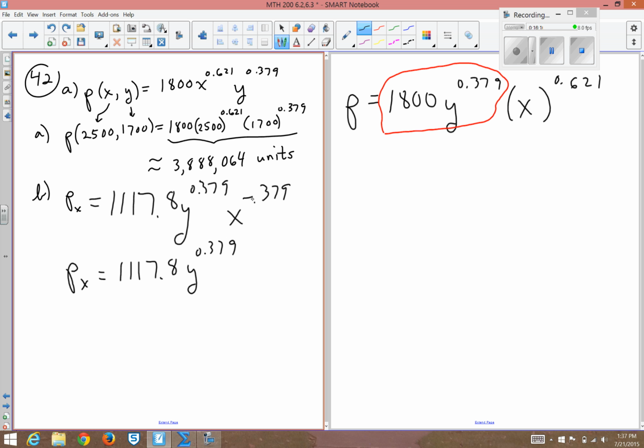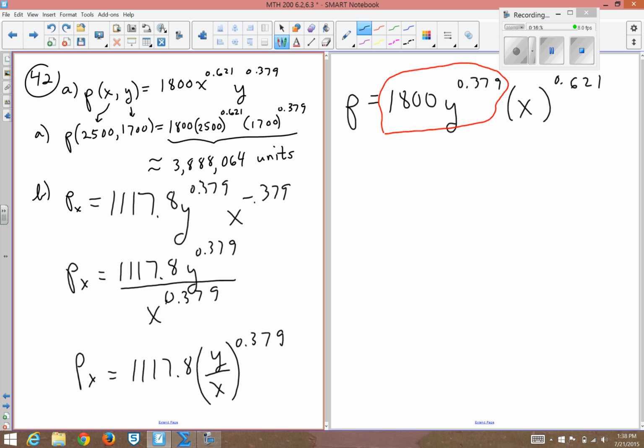And this exponent is negative, so if we take that x to this exponent, the negative goes away because we're putting this in the denominator. And since the x and the y happen to have the same exponent here, this could also be written as 1117.8 times, in parentheses, y over x, that whole thing to the 0.379 exponent. So this here is called the marginal productivity with respect to x.